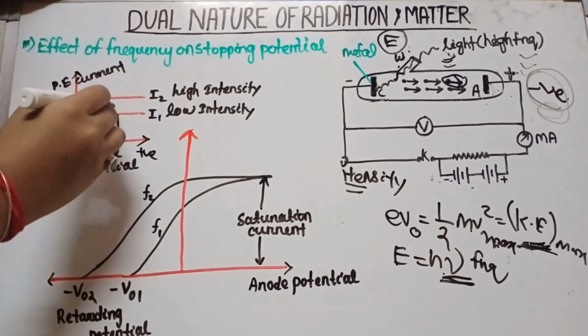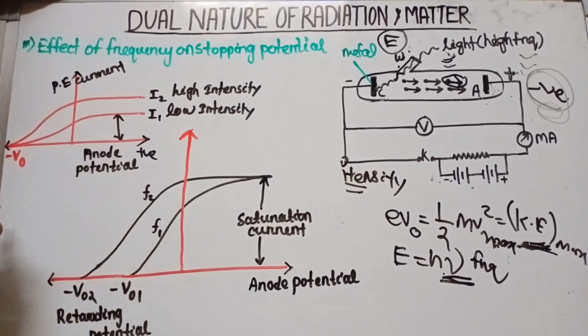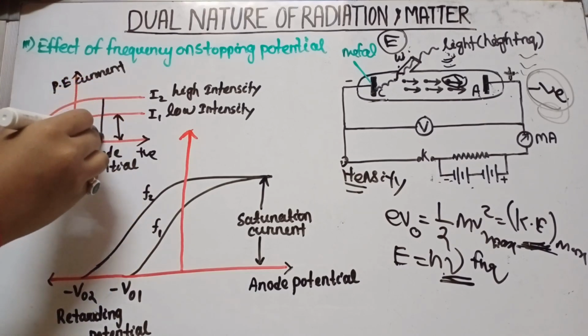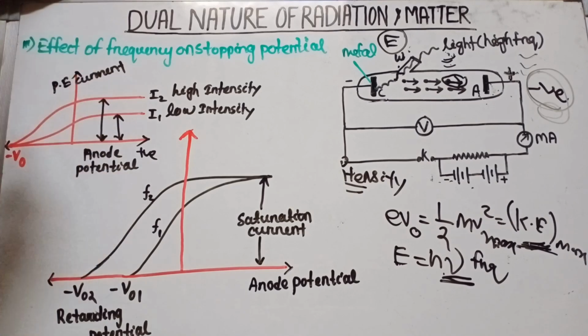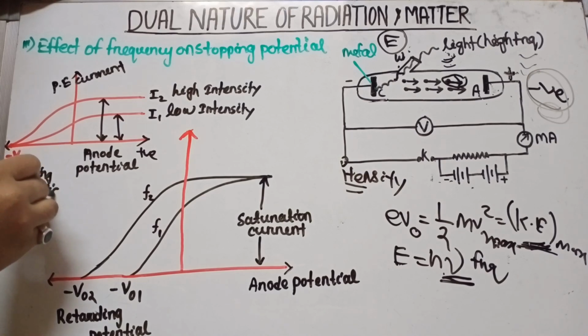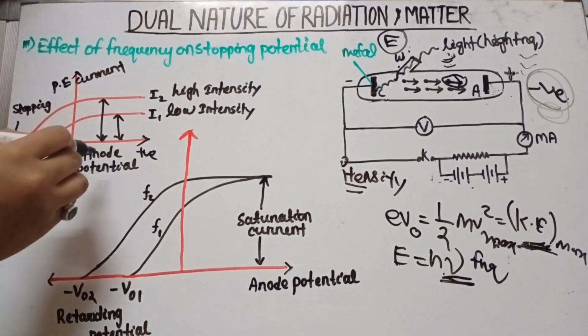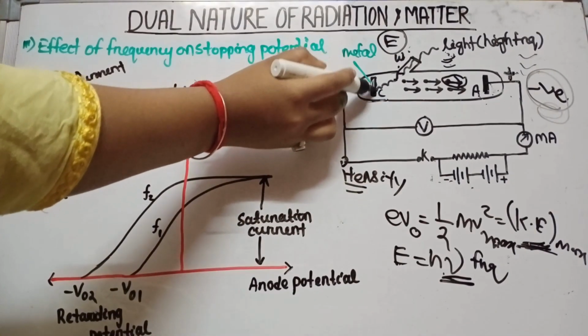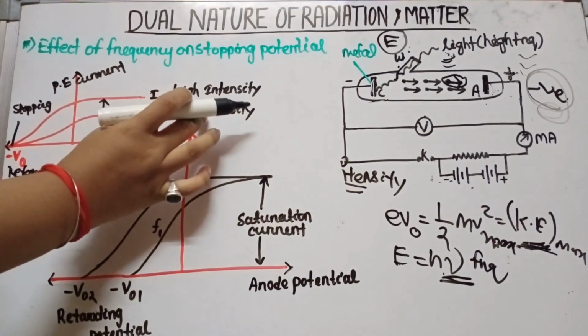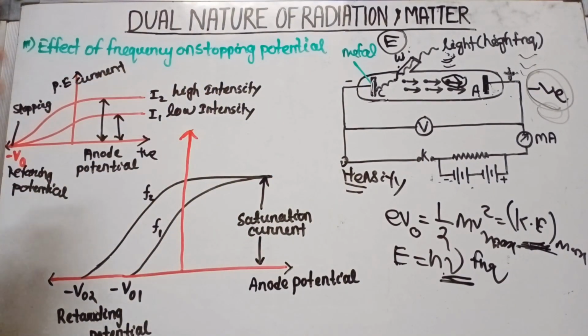For low intensity light this is the saturation current, and for high intensity light the saturation current is more. As we increase the negative or retarding potential of the anode, the photoelectric current gradually decreases and reaches zero, and that is the stopping potential. Here we consider the same metal, with only two different intensities of light.